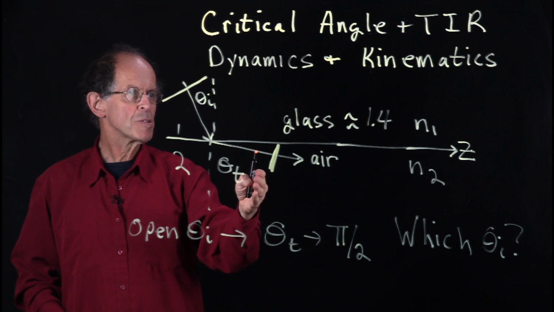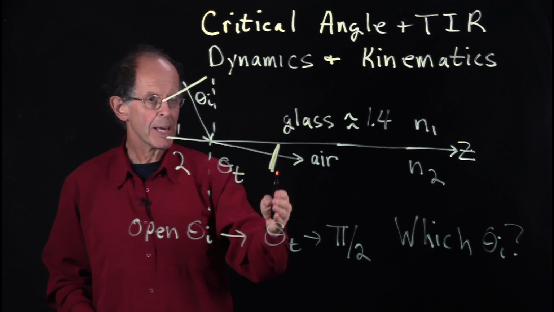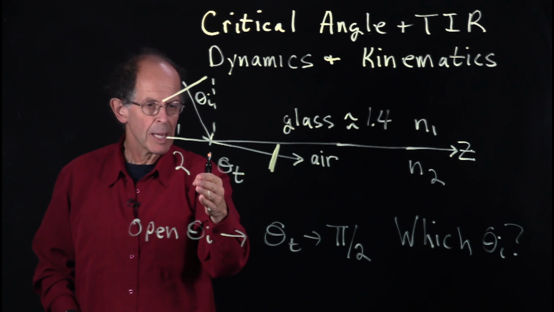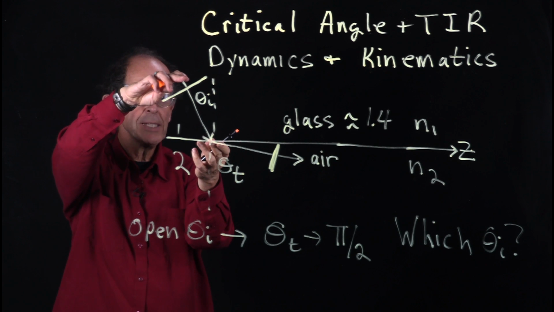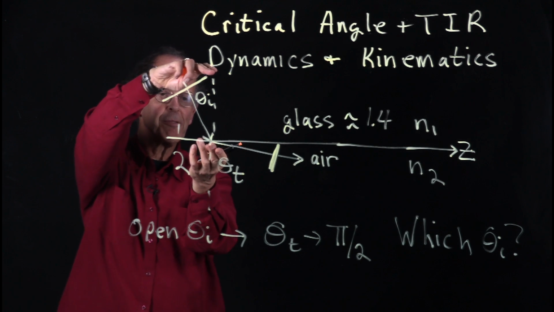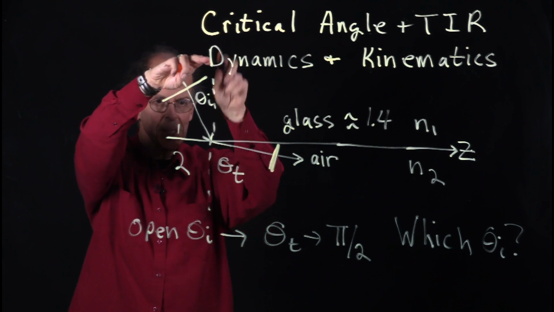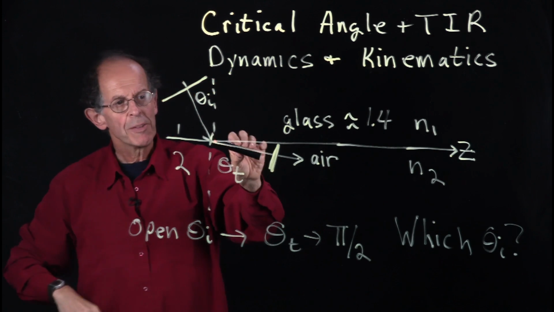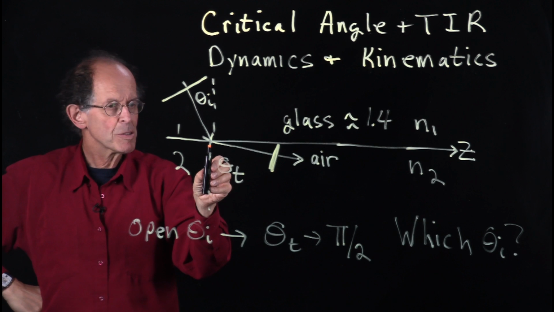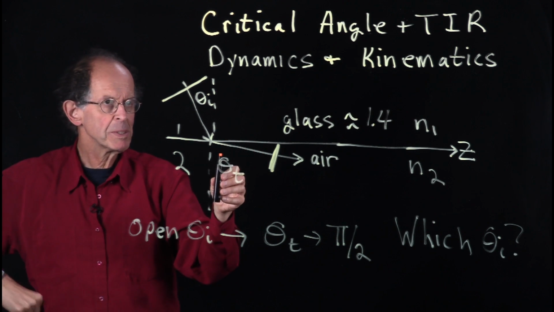So let's look and see what happens. We have now theta incident and theta transmitted, and as we change theta I from vertical, and if it's vertical, everything will be going up and down, but then as we open up the angle, the refracted ray starts to swing away from the perpendicular.